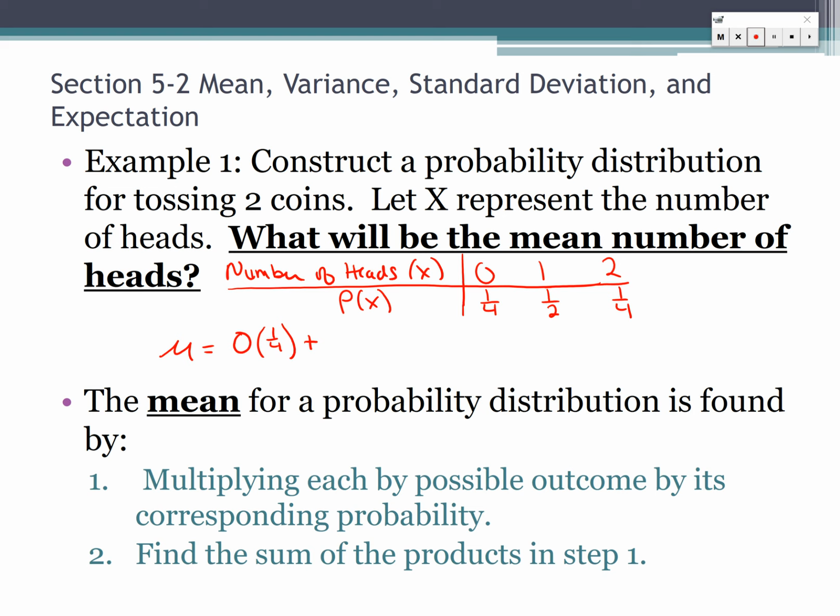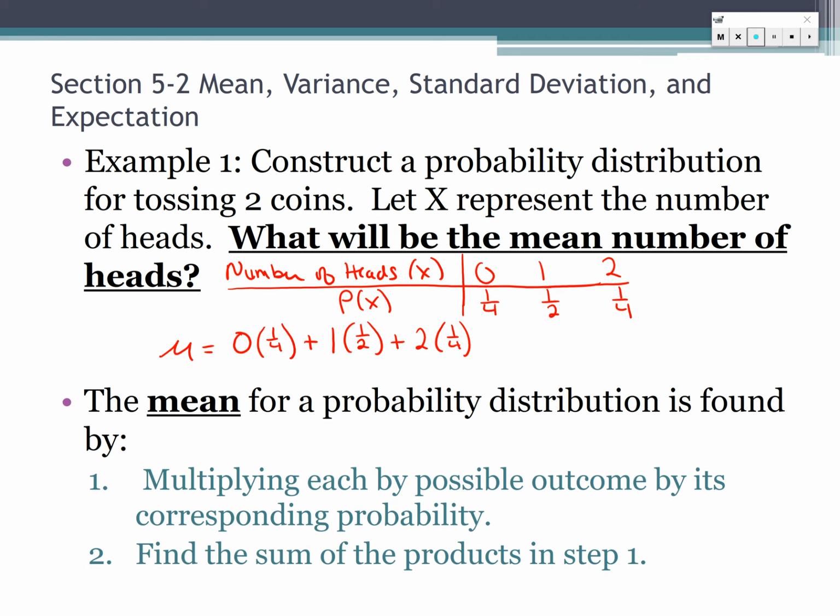Plus our next possible outcome was 1 head. The probability we get 1 head is a half. Next possible outcome was a 2, and its corresponding probability was a fourth. Order of operations, we multiply first and then we add.